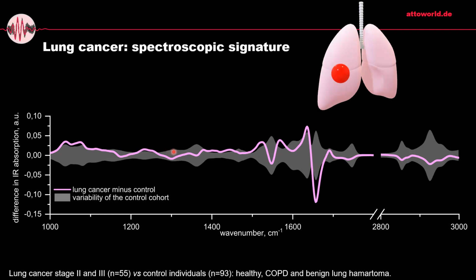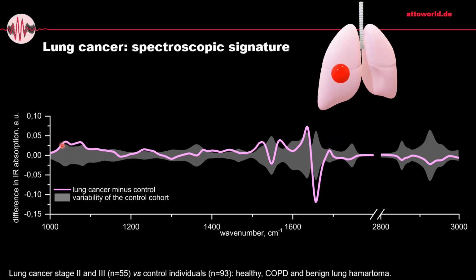So let me just explain what this graph is. That's the difference between the spectra of lung cancer patients and the control group. And in gray, you can see the variability of the control group. Of course, people are different, so their infrared spectra are also all different.